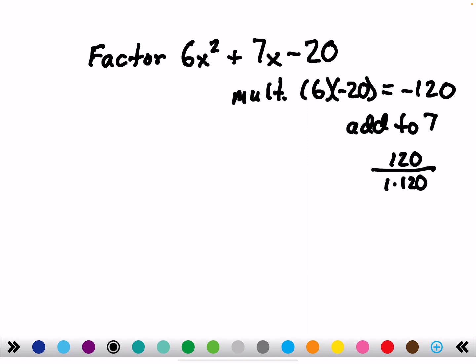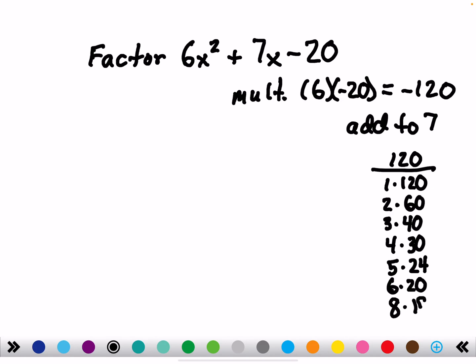Well, 1 times 120, too big. 2 times 60, 3 times 40, 4 times 30, 5 times 24, 6 times 20, 7 does not evenly divide 120, and then we have 8 times 15, bingo, those two are 7 apart or have a difference of 7 between them.